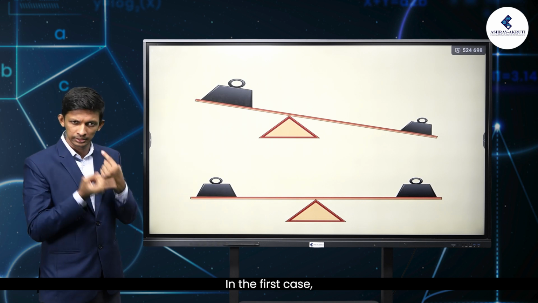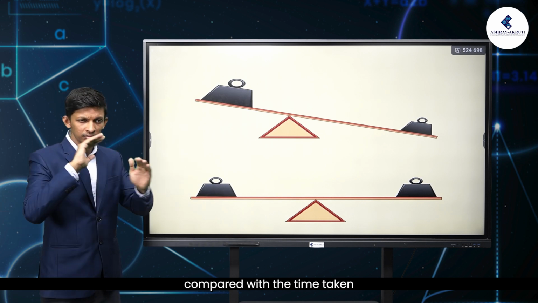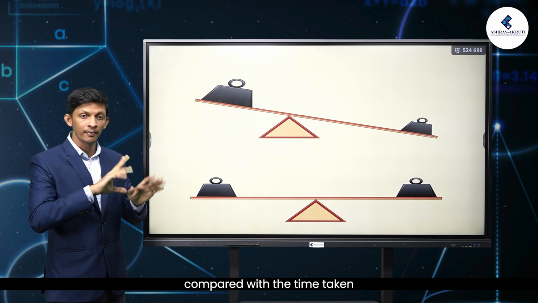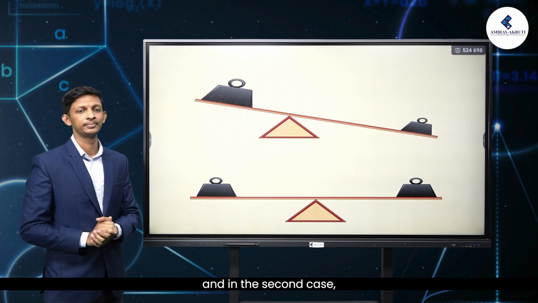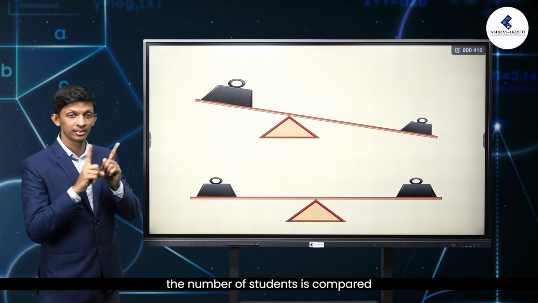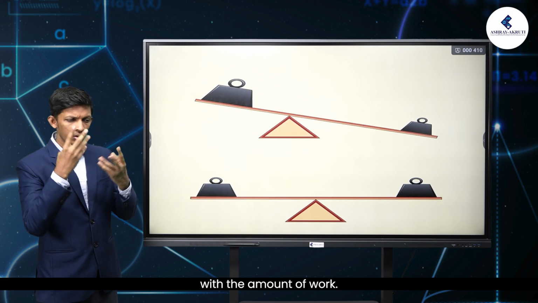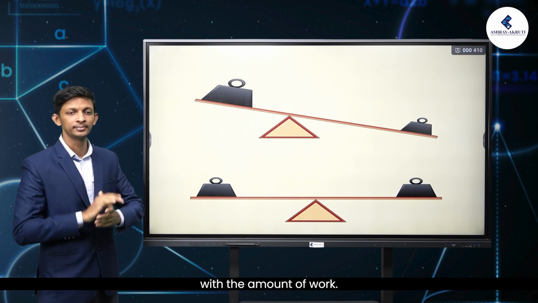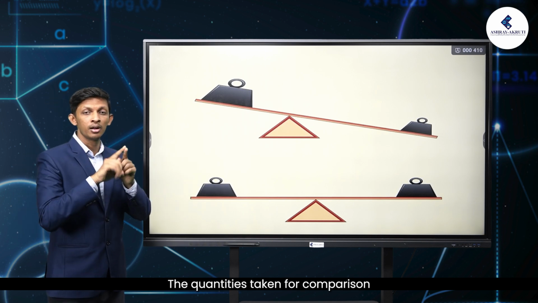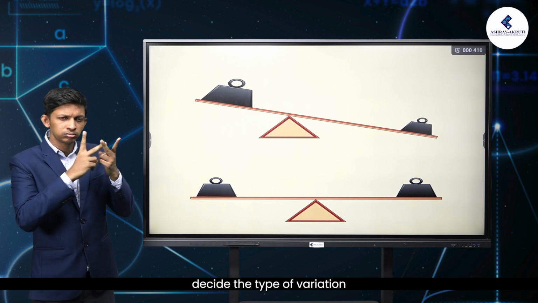In the first case, the number of students is compared with the time taken, and in the second case, the number of students is compared with the amount of work. The quantities taken for comparison decide the type of variation.